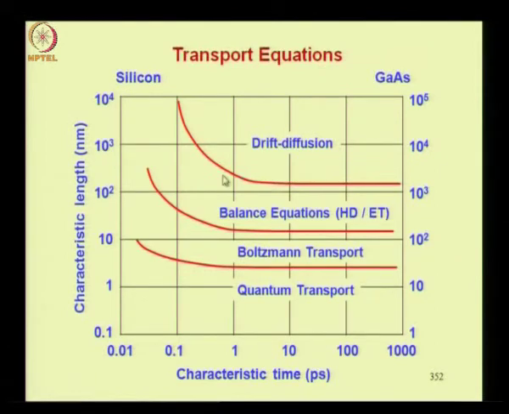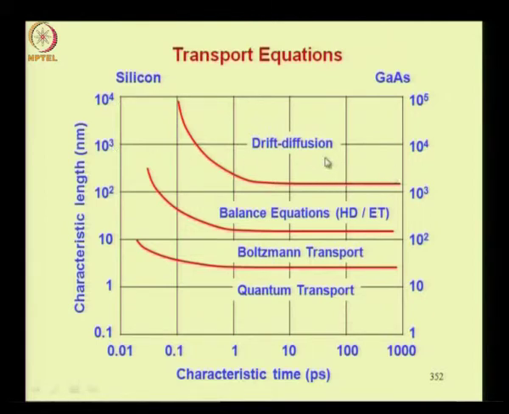So that is why instead of using more balance equations you directly aim at solving the Boltzmann transport equation, and if the device size is really very small, it becomes much less than the de Broglie wavelength, then you have to go to quantum transport. The right hand side here is the length scale for gallium arsenide, and because effective mass of electrons in gallium arsenide is much smaller, the order of magnitude of this length scale is 10 times that for silicon.